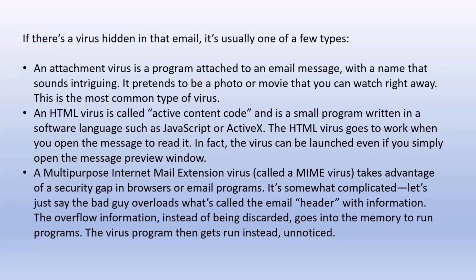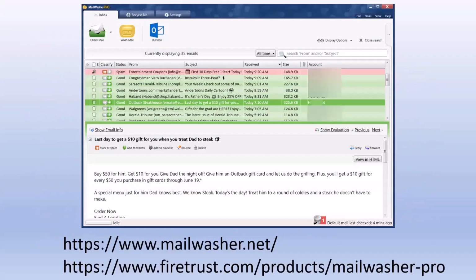The HTML virus goes to work when you open the message to read it. In fact, the virus can be launched even if you simply open the message preview window. A multi-purpose internet mail extension virus called a MIME virus takes advantage of a security gap in browsers and email programs.